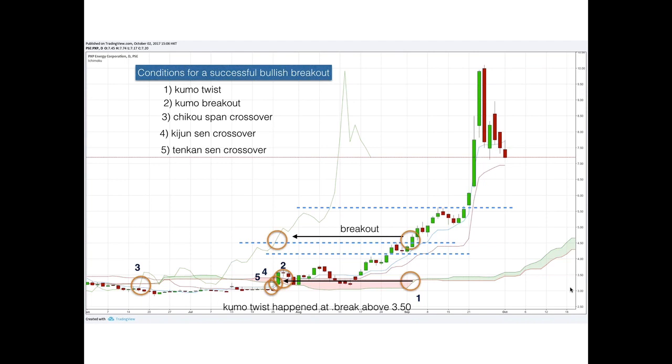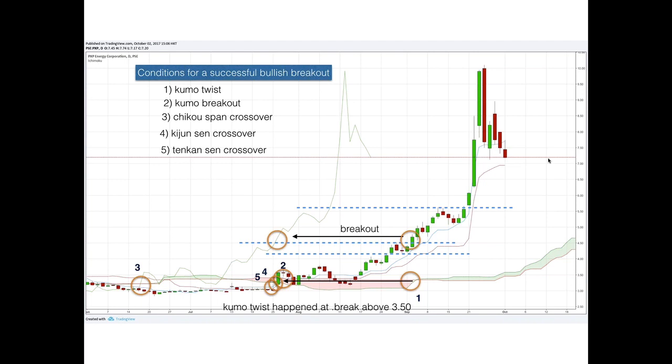Because of this, the resulting consolidation for PXP was quite drastic. It did not wait for equilibrium at the different breakout points. That's why at the end of the run, it dropped drastically.